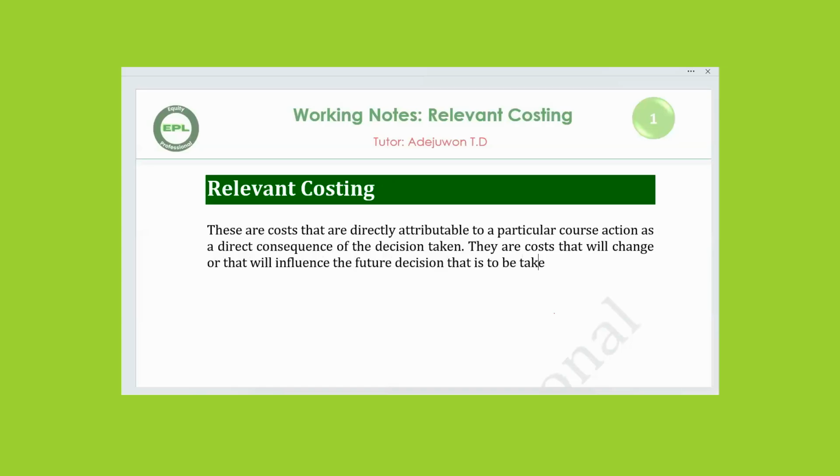All right. So any costs that will be incurred purposely in making managerial or business decisions are relevant costs.